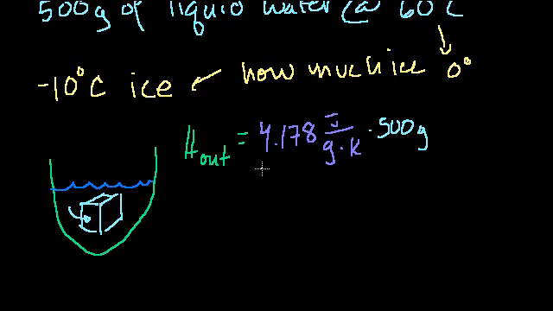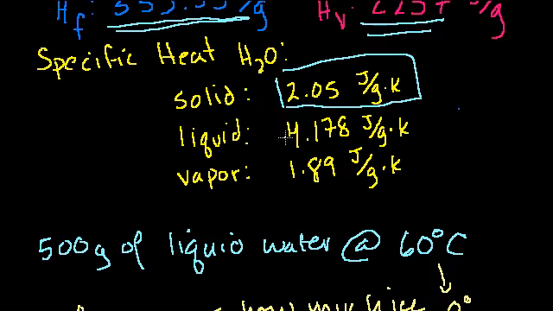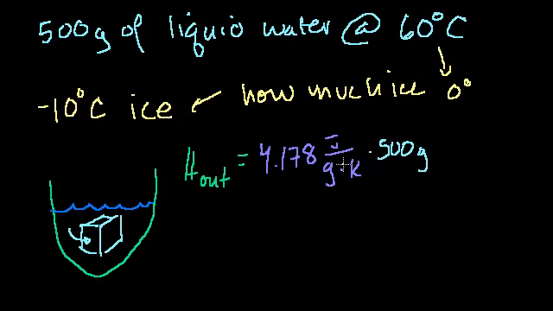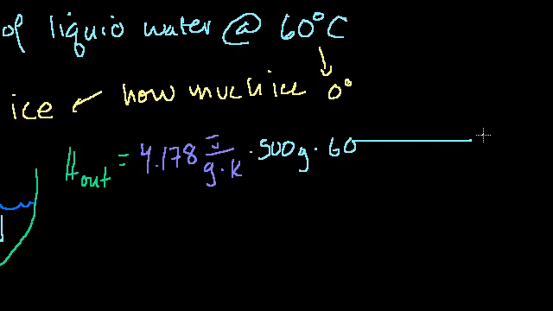Just a side note, I use this specific heat because we're dealing with liquid water, liquid water going from 60 to 0. So the final thing, I have to multiply it by the change in temperature. The change in temperature is 60 degrees.